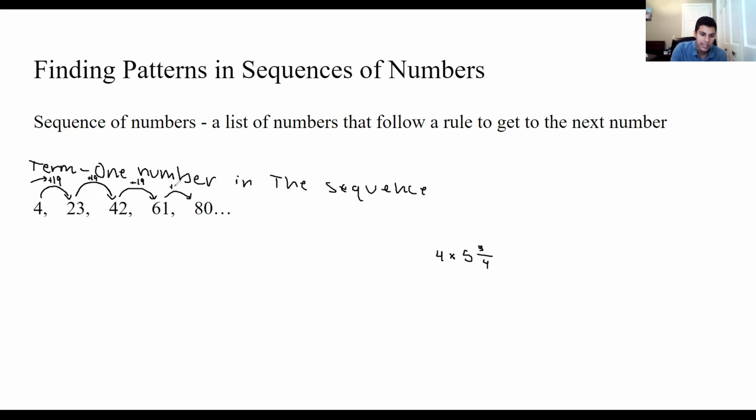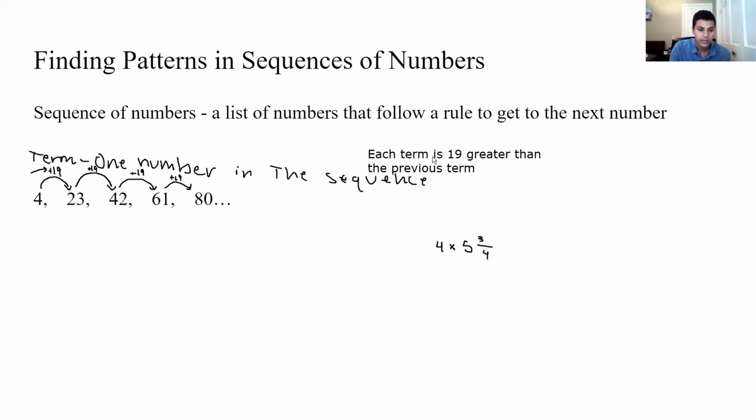Adding 19 gets us to 80. So adding 19 is the rule. The way that we can express or interpret the rule is we can say each term is 19 greater than the previous term.